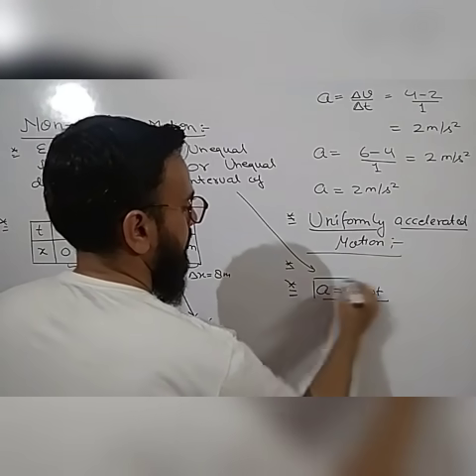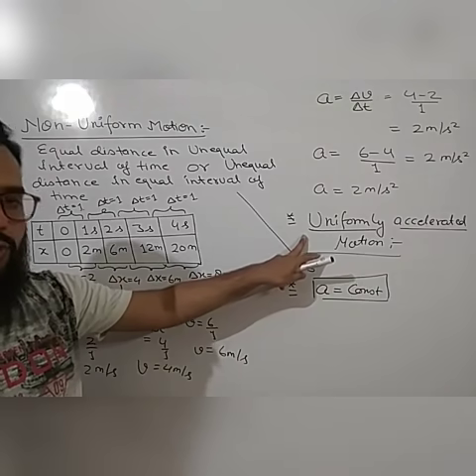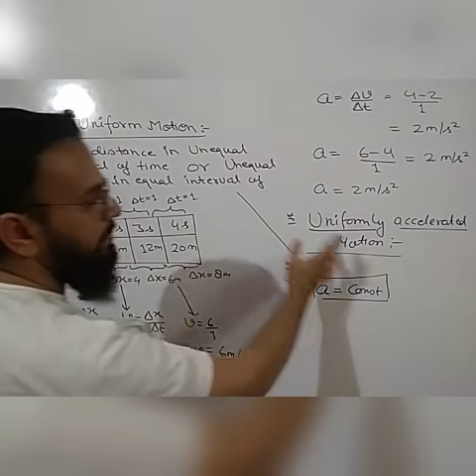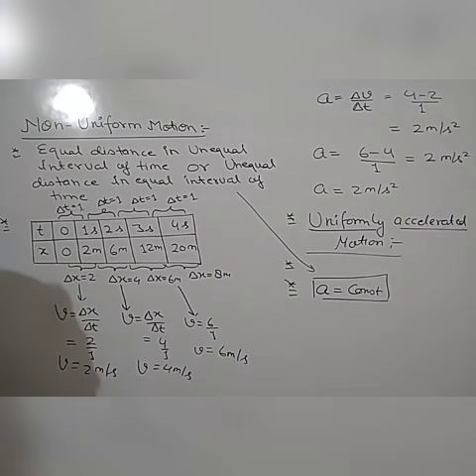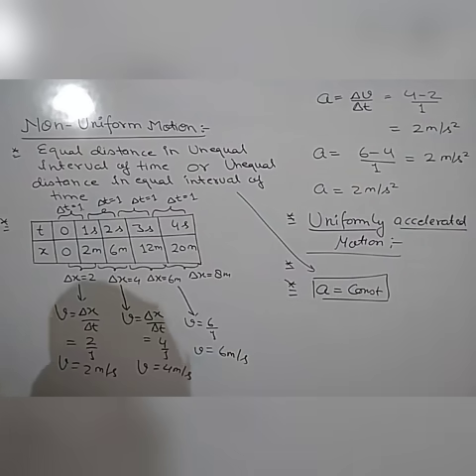That is the main thing. Like we have taken this example, so this is basically the example of uniformly accelerated motion also. It is the example of non-uniform motion as well as uniformly accelerated motion, because in this case the acceleration is coming out to be constant. Clear? So this is uniformly accelerated motion.